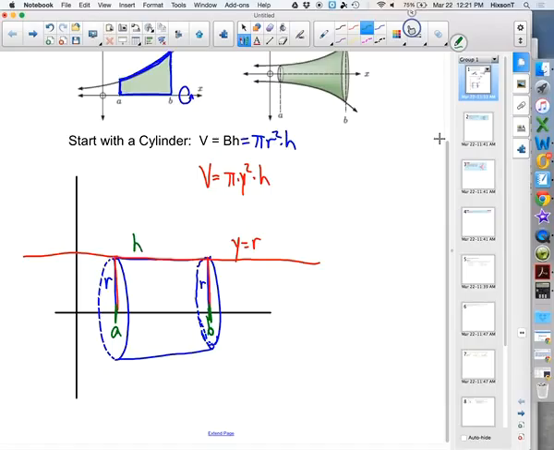So our height is b minus a. You guys agree with that? Okay. Now I have pi times y squared times b minus a.